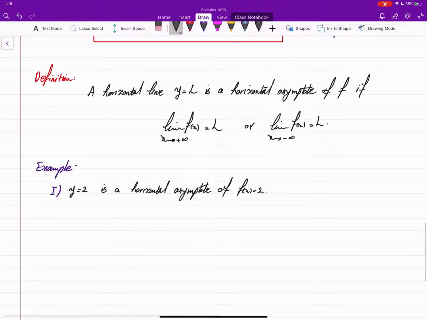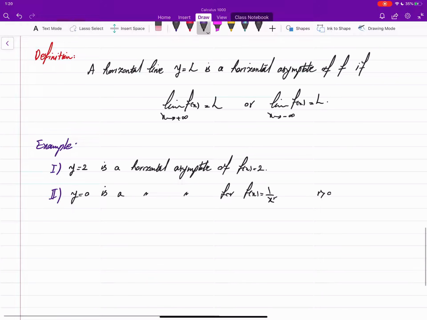How about the second example? It was 1 over x. For 1 over x, the limits at positive infinity and negative infinity are both 0. So y equal to 0 is a horizontal asymptote for f of x equals 1 over x. Actually 1 over x to the power r for any r positive.